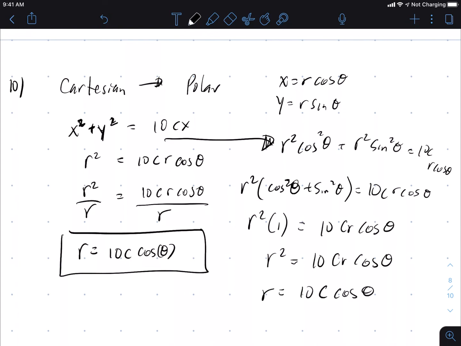And there we go. That's all the steps in between, just in case you didn't see it. Does that help? Yes. Thank you.